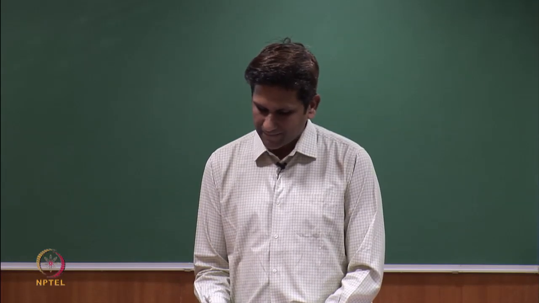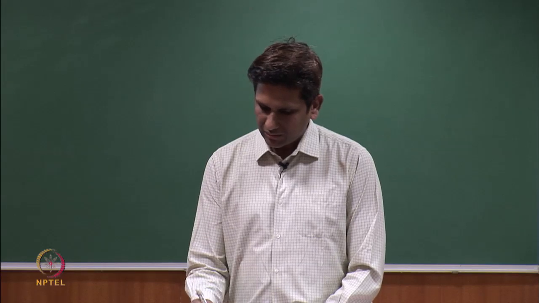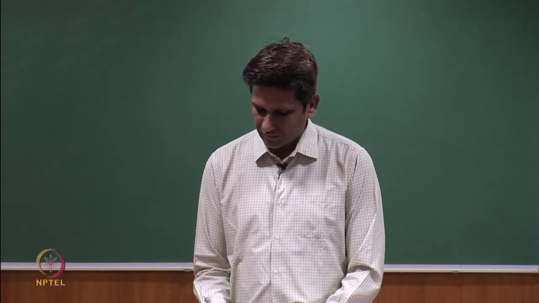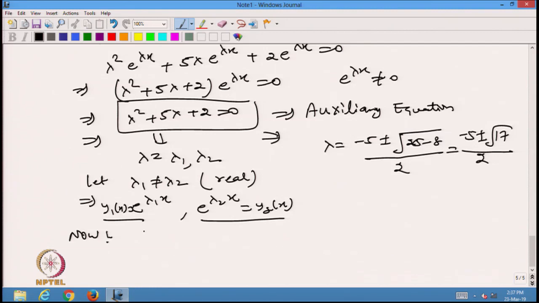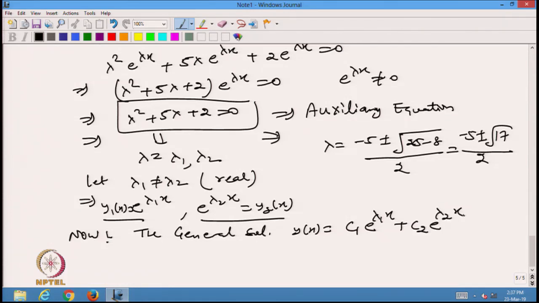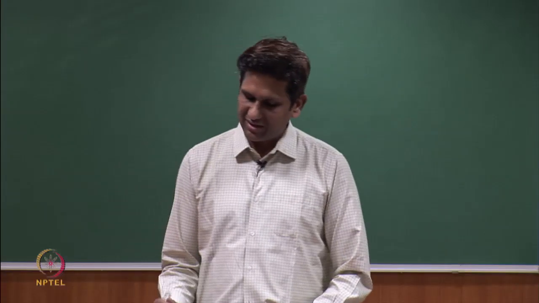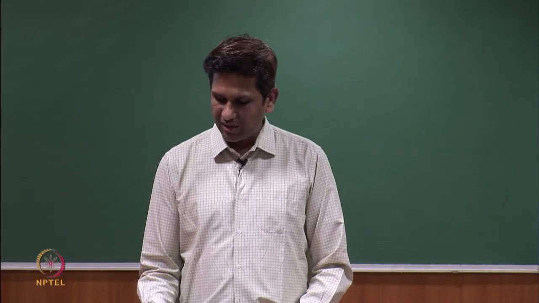Now I want to write the general solution of this equation. The general solution y(x) will be equal to C1 e^(λ1 x) + C2 e^(λ2 x), because I told you that this is a second order linear differential equation, and in it two arbitrary constants will appear.